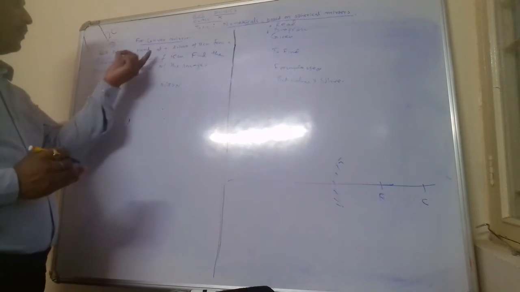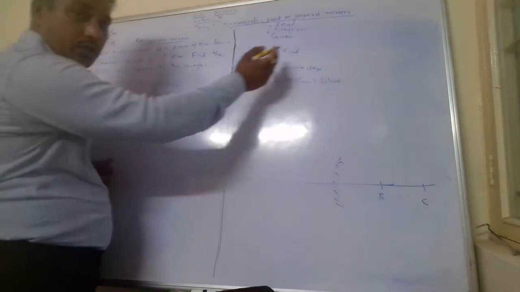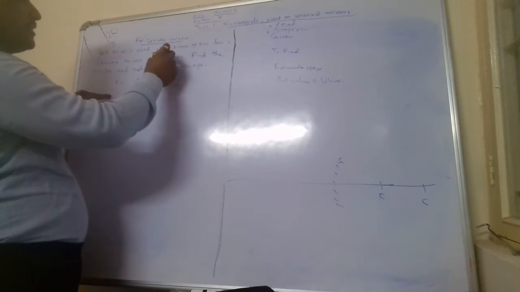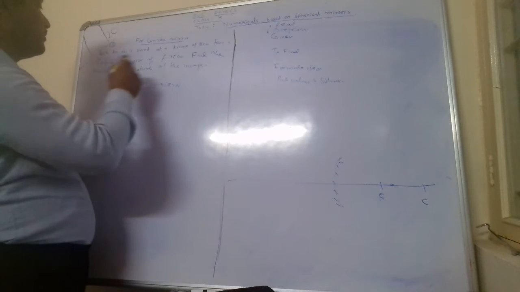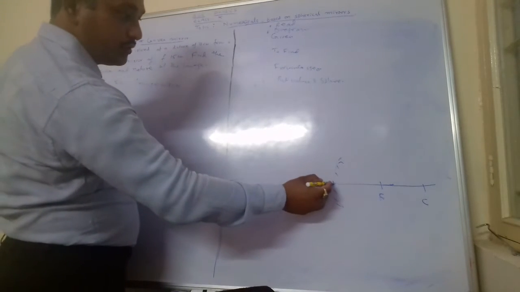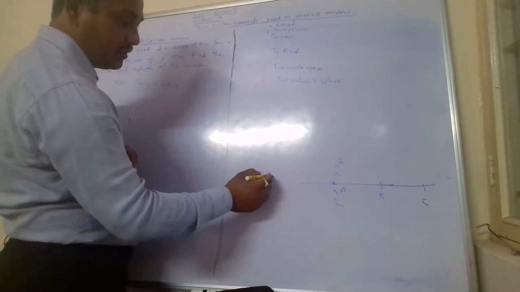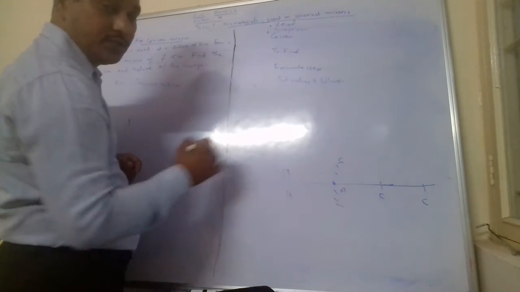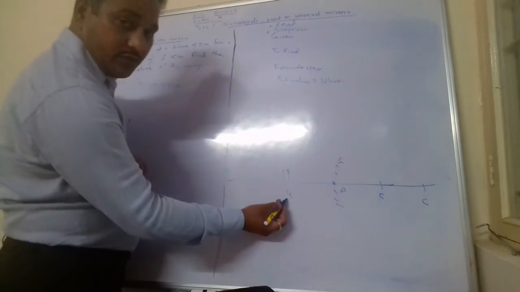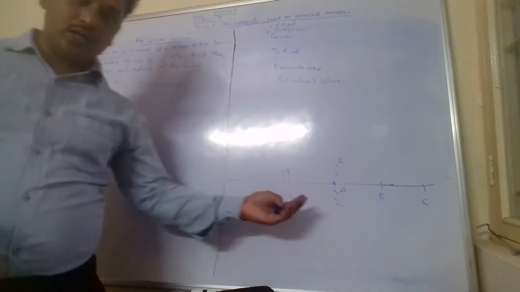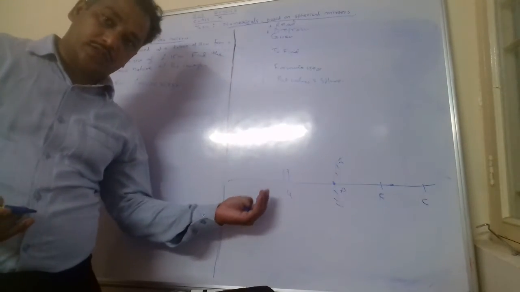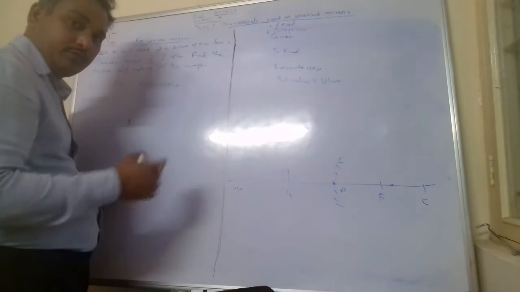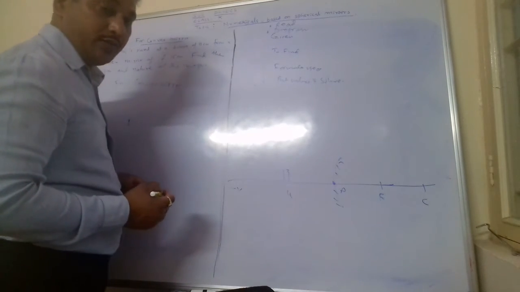Now what is the given value? The distance of the object is 10 cm from the mirror. So this is the pole, and the object is placed at 10 cm distance. So this is u, wherever the object is placed. Will this be positive or negative? As it is on the left hand side, it will always be negative, as you are aware of the negative x-axis in the New Cartesian sign convention.